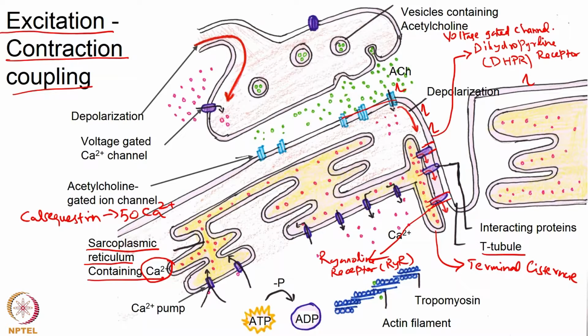Whenever the DHPR receptor opens, it undergoes a conformational change, and through what are called foot processes, the foot process of the DHPR receptor opens the ryanodine receptor. This is like pulling the other channel open.